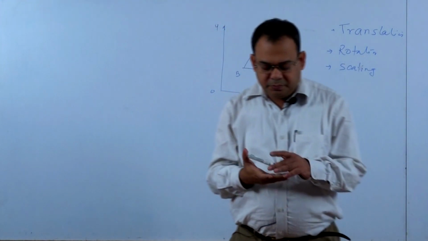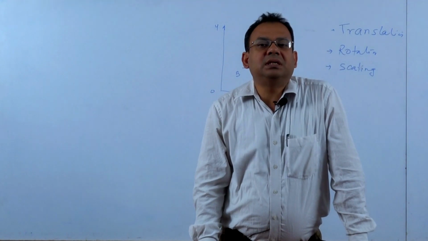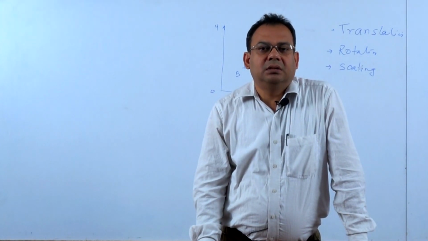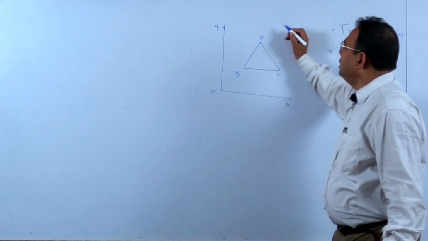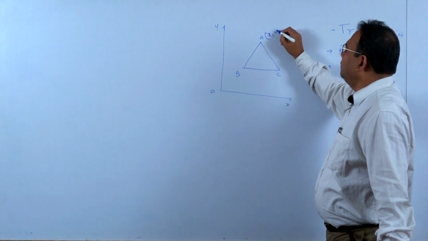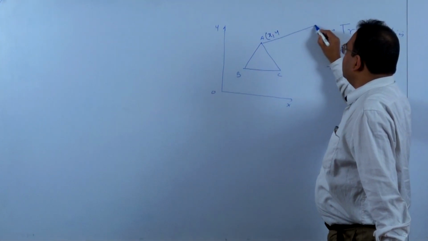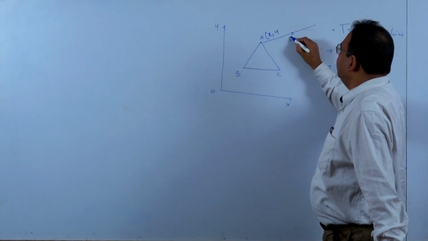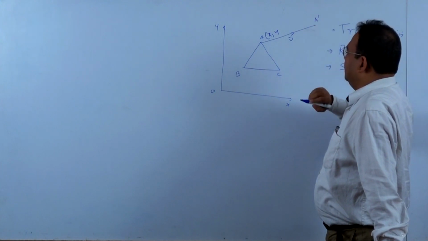Now in case of translation, the object's position is changing without changing any directions. So if this point is located at x, y, and it is translated along the straight line, that means along this vector v, then the new position of this object is at A dash.